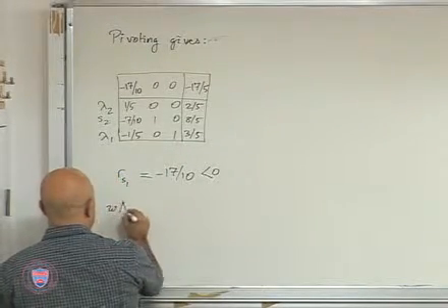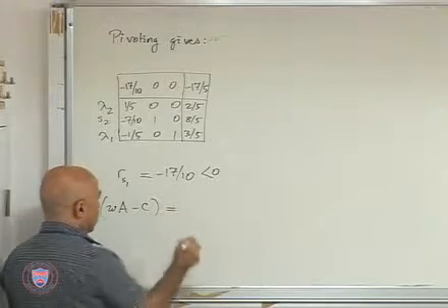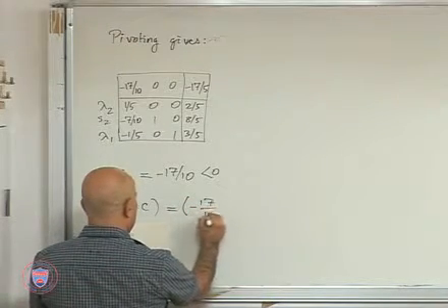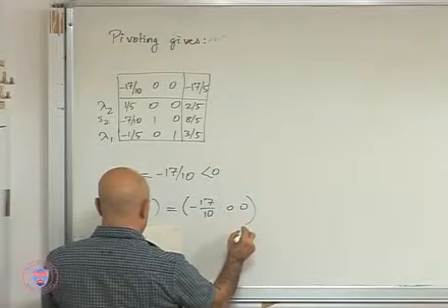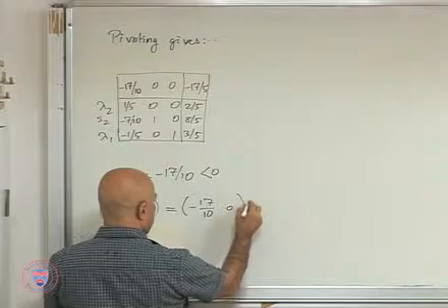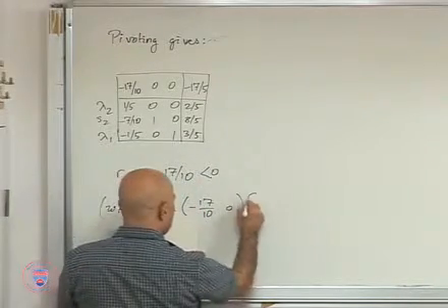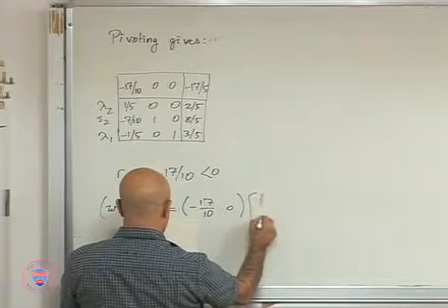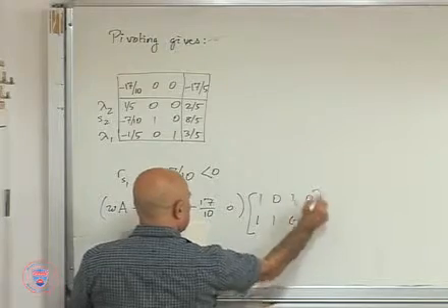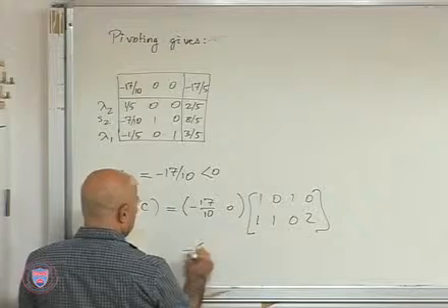To do that, you need to compute WA minus C vector again. In this case, of course, it will be a bit different. Minus 17 over 10, 0, 0. No, just 0. Times 1, 1, 0, 1, 1, 0, 0, 2, minus C. What is the C vector?